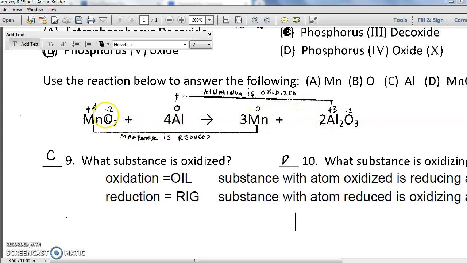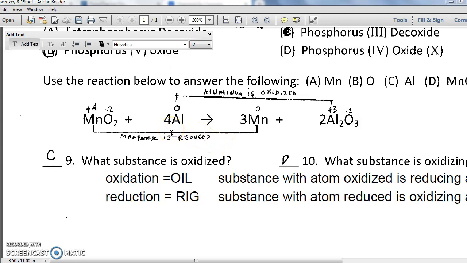Aluminum is replacing or displacing manganese. So it's a single displacement or replacement reaction. But as we mentioned, oxidation reduction reactions are a broad category of reactions. And single displacement reactions or single replacement reactions can always be categorized under the oxidation reduction umbrella.